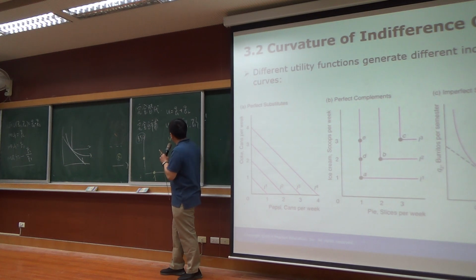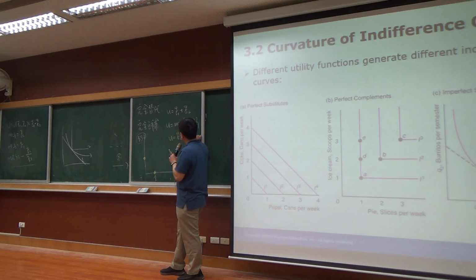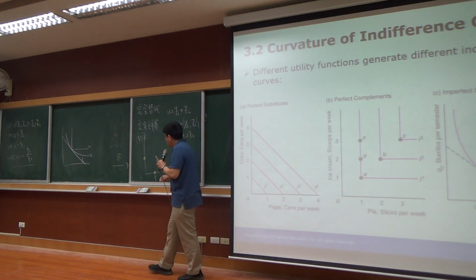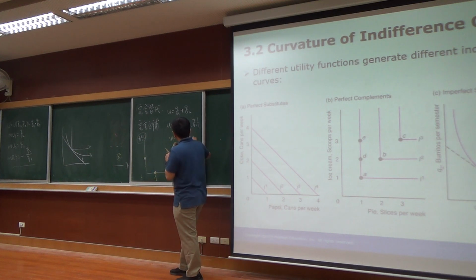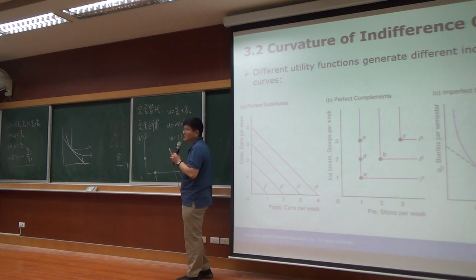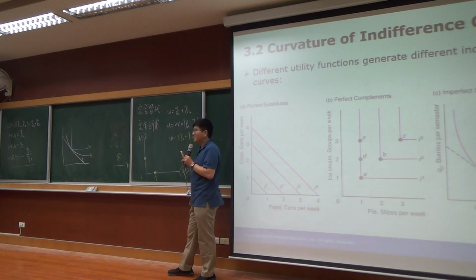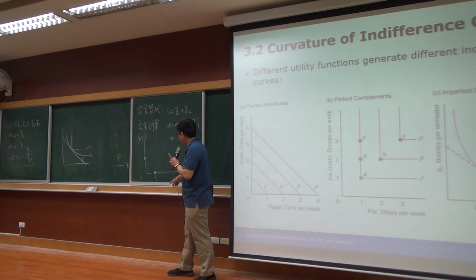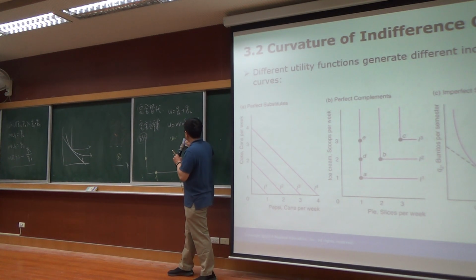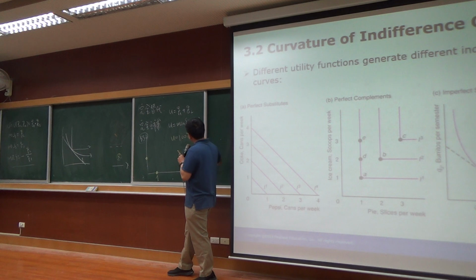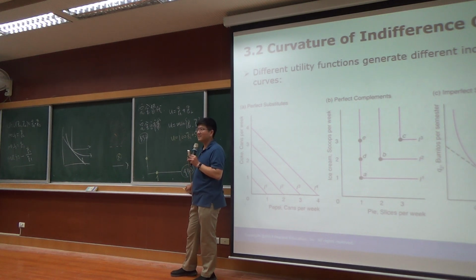It will be Q1 plus 2Q2, or 2Q1 plus Q2. Which one is correct? Should be this one, right? Think about this. All right. 100 Q1 plus 50 Q2 should be more straightforward.